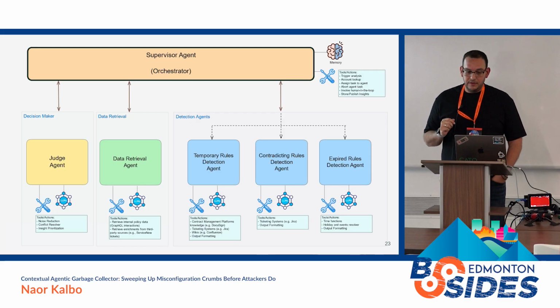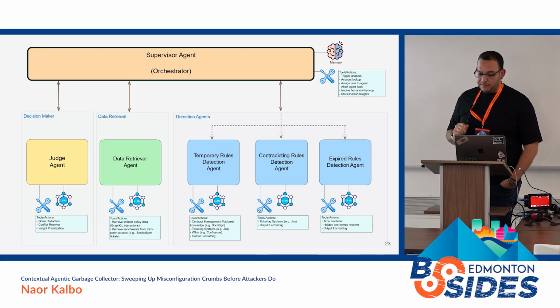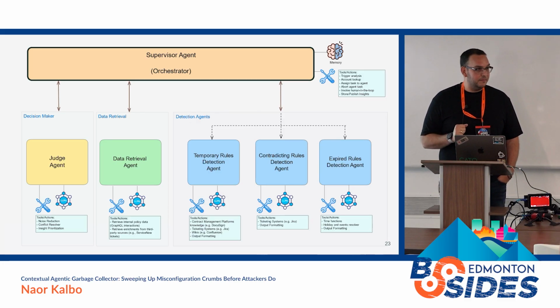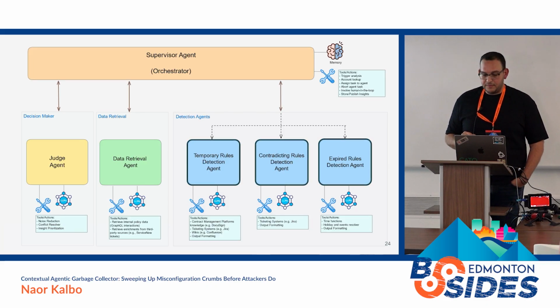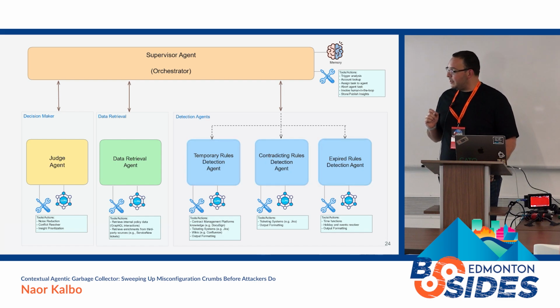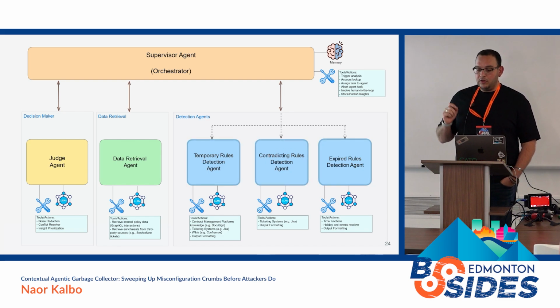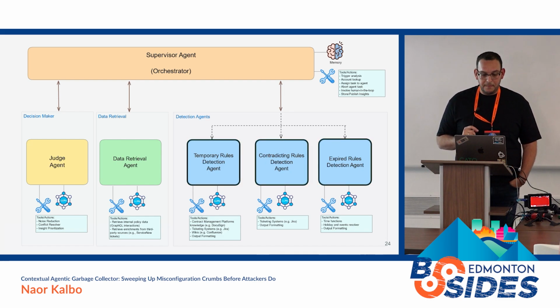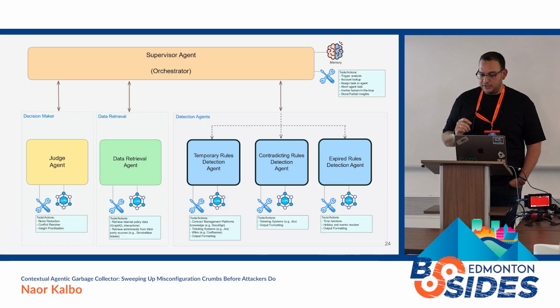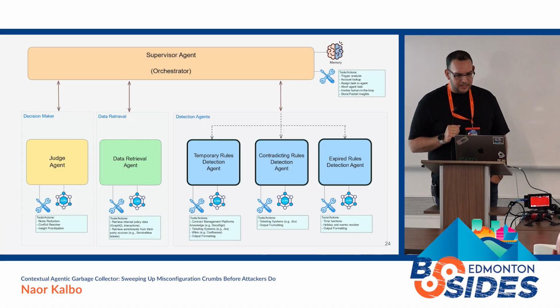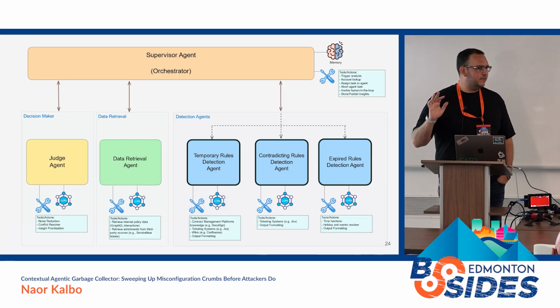which in turn initiates only the relevant detection agents, if found to be relevant. In this case, the supervisor decided to initiate all of the detection agents, meaning the temporary, contradiction, and expired rule detection agents. Once these detection agents are done executing, and they could do that at separate times, each one of them can take its time.